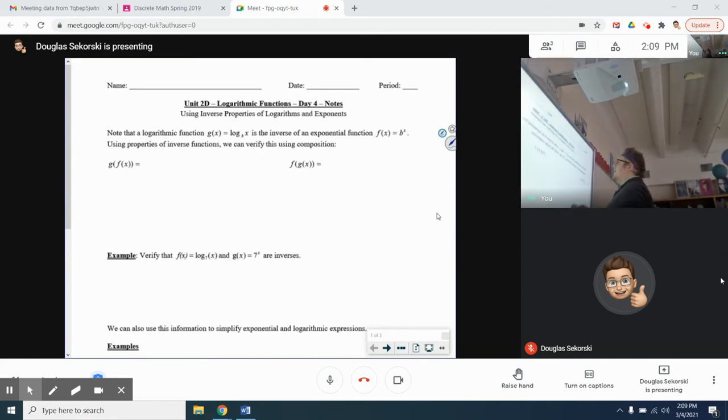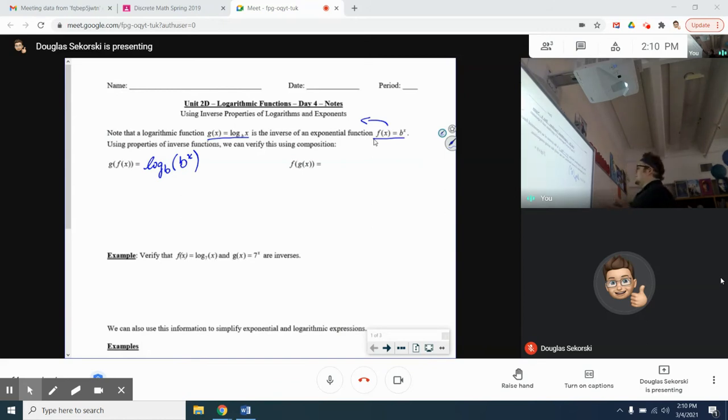We're going to take f and plug it into g. So f is the exponential function, and we're plugging that into g of x. I'm going to write log base b, but instead of x, I'm substituting in the function f, which is b to the x.